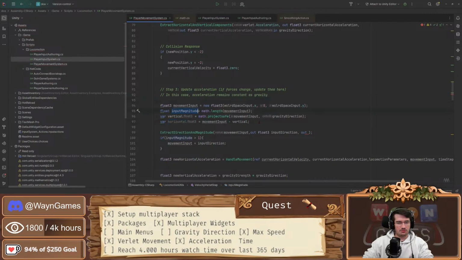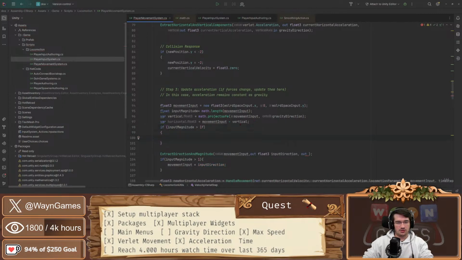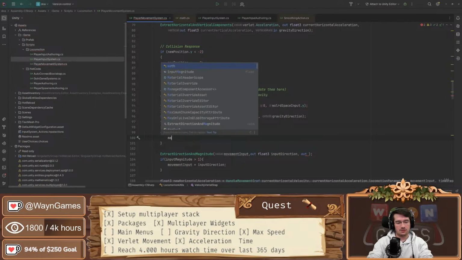And now the magnitude. If magnitude above 1, I should get back this one normalized.